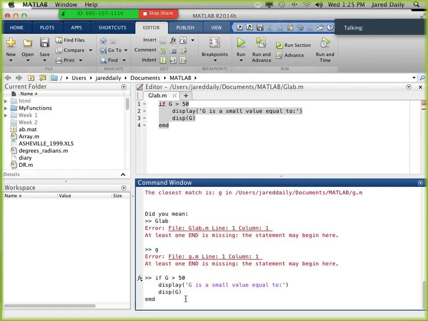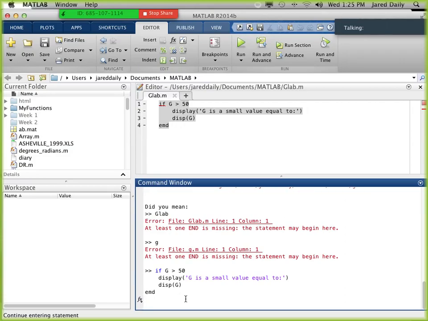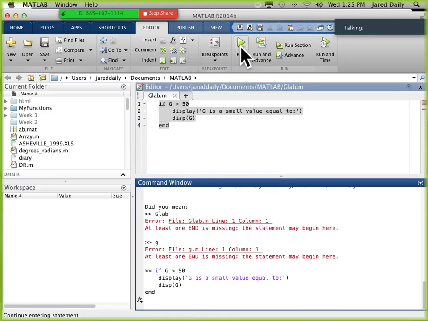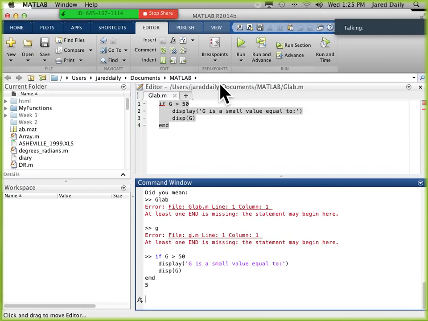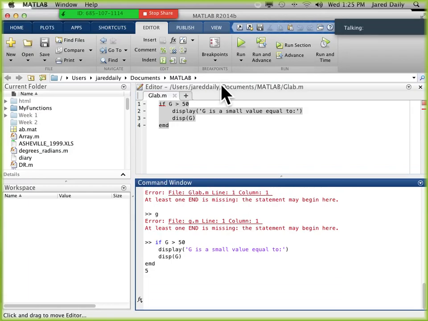There we go. I'm stuck in a loop. Oh, how do you end a loop? I forgot. Is it Control B? Control D? Control C? Can't remember.